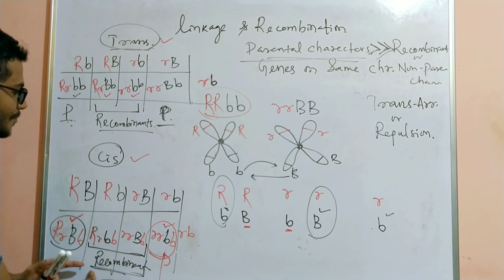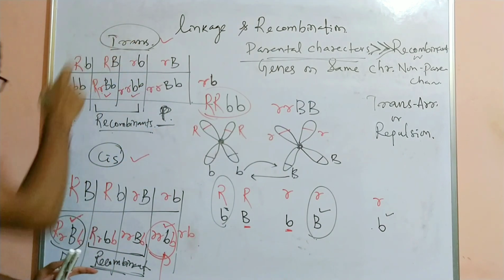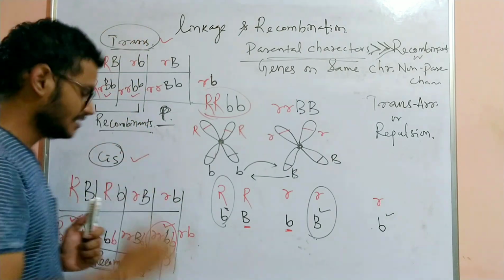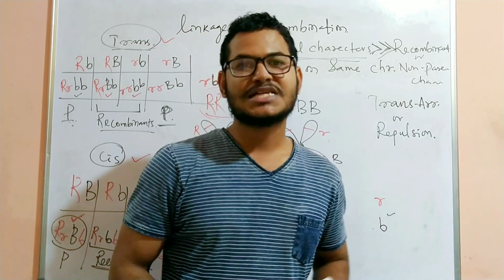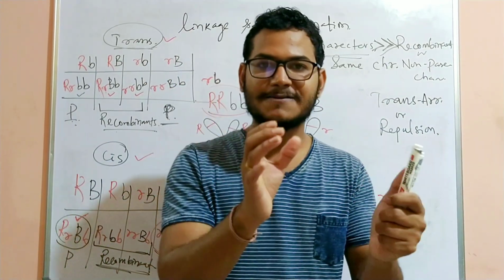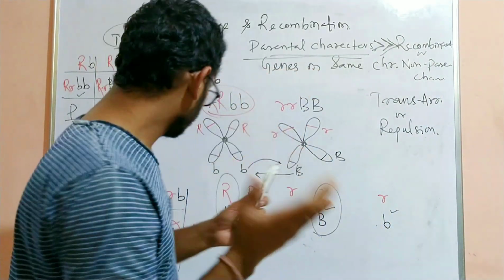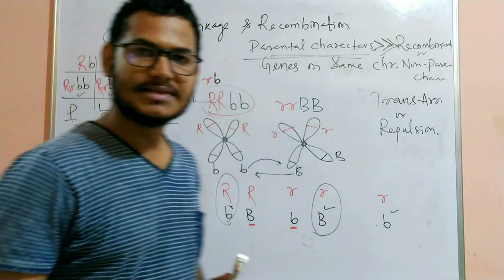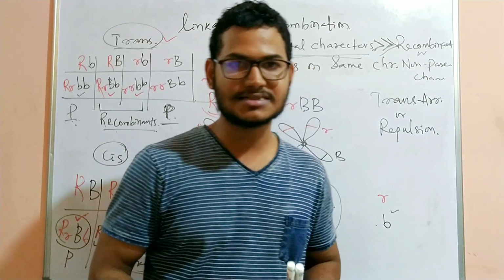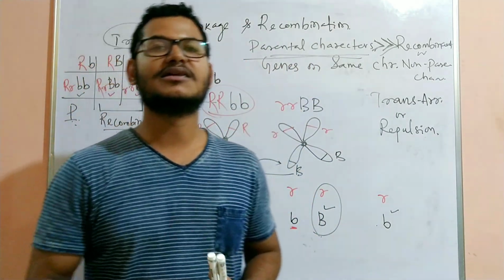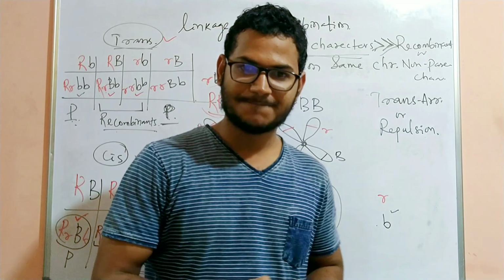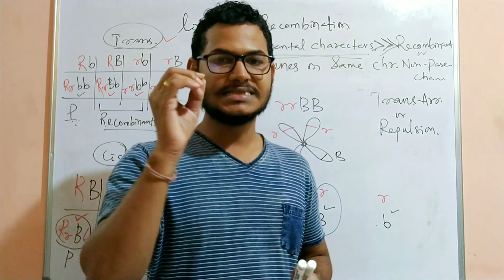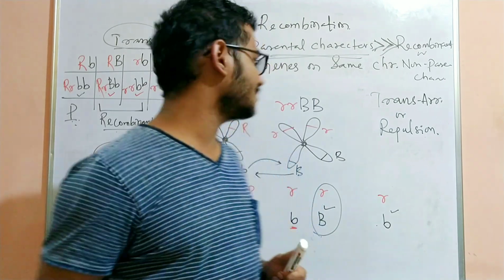So these two are recombinant in cis whereas parental in trans arrangement, and these two are recombinant in trans whereas they are parental in the cis arrangement. This is the point we need to note: parental characters in cis arrangement are recombinant in trans, and parental in trans are recombinant in cis arrangement.